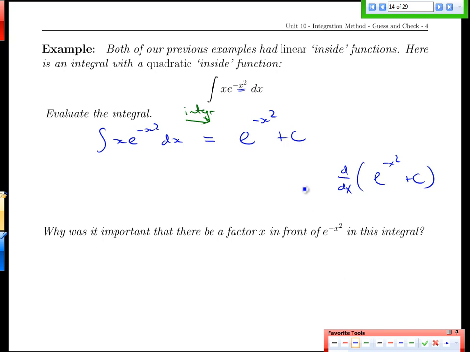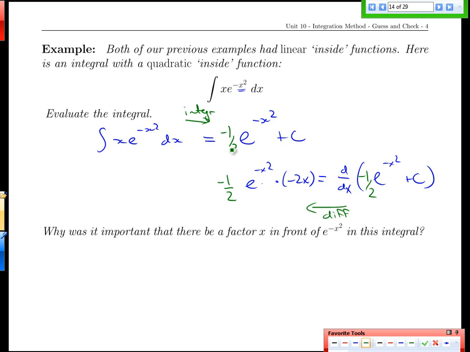And that will equal, going this way, e to the negative x squared times negative 2x. Well, we actually have in our integral value here the x, so that's perfect. In fact, the only thing we're off by is a constant of negative 1/2.